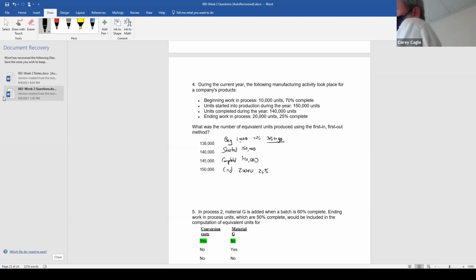So, all right, so to finish beginning work in process, 10,000 times 30% to go. Started and completed. You could say 140,000 minus 10,000. We finished 140, 10,000 of which we didn't start in this period.